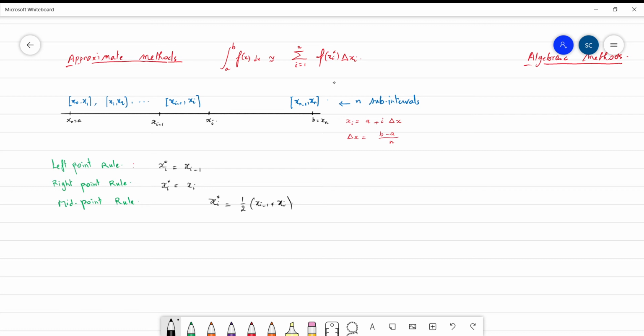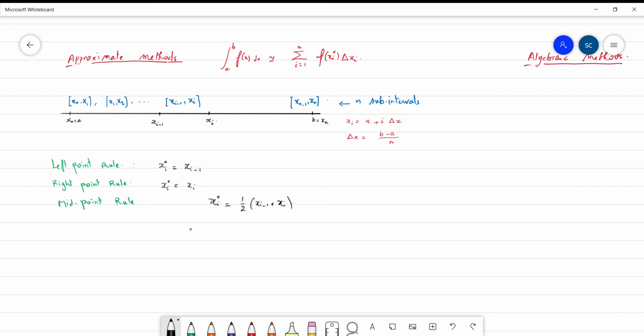So we have an estimate of the error, and many methods have been developed to reach the lowest error possible, depending on the way we are choosing xi star and dividing the intervals.